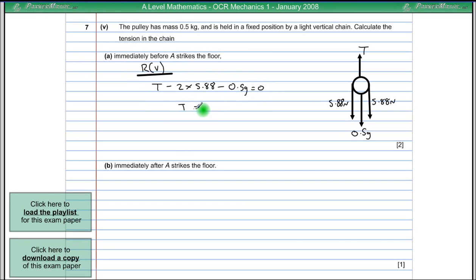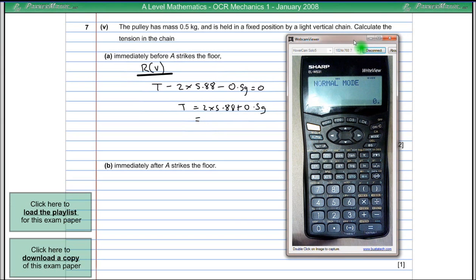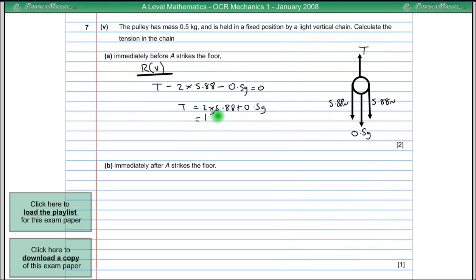So T equals 2 times 5.88 plus 0.5 g. So 2 times 5.88 plus 0.5 times 9.8, and we get 16.7 newtons if we do that to three significant figures.